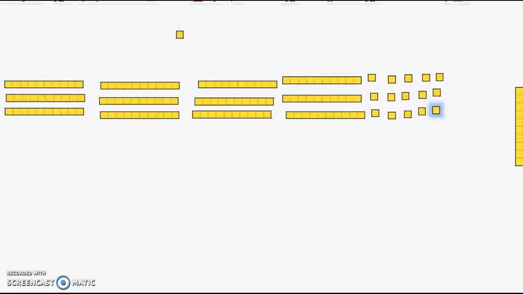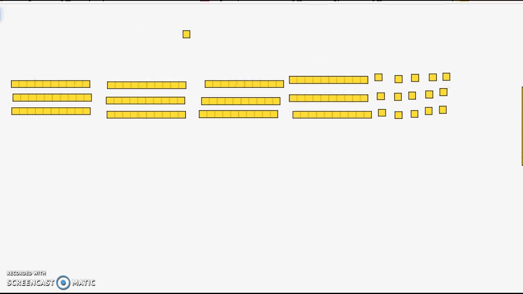So we're at 15, 16, 17, 18, 19, 20. And don't forget we had that unit from 141, so 21.